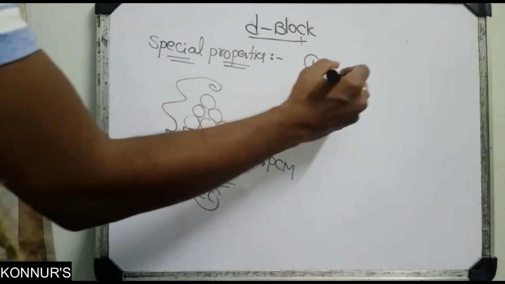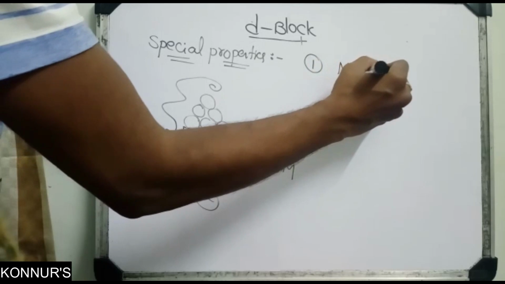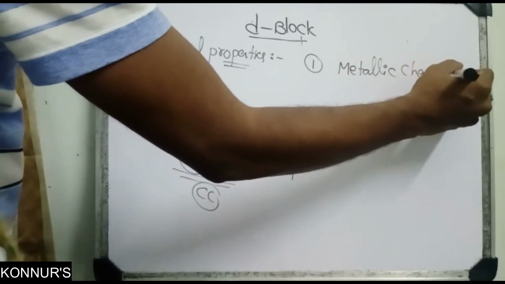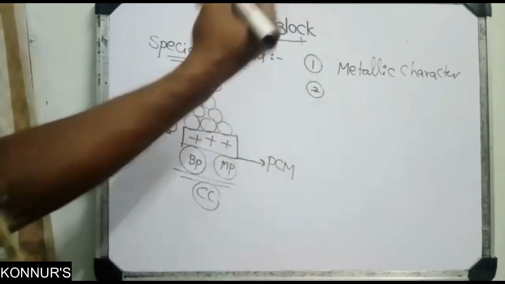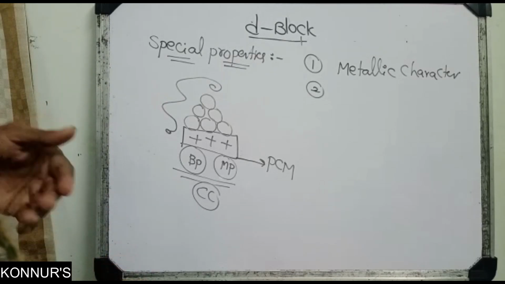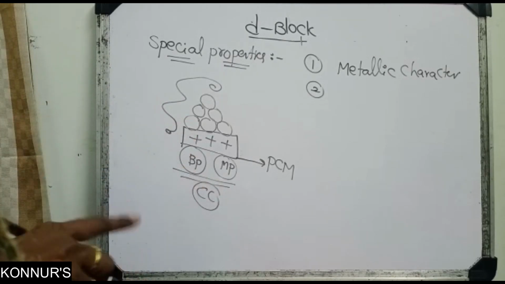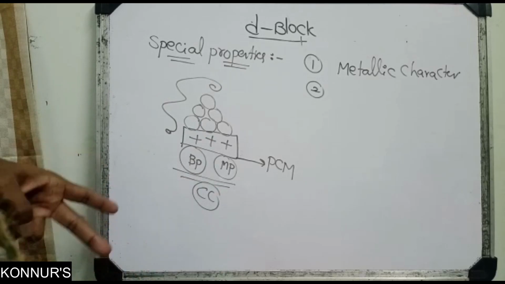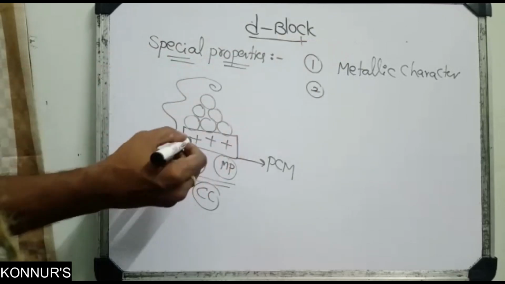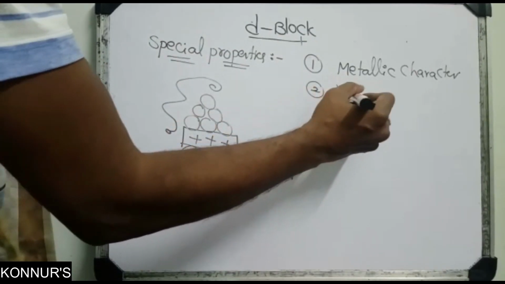It is made up of metal, that is metallic character. Generally, metals show only one oxidation state. Suppose you take alkali metals, +1, and alkaline earth metals, they show +2. But D block elements show metallic character with various positive oxidation states.